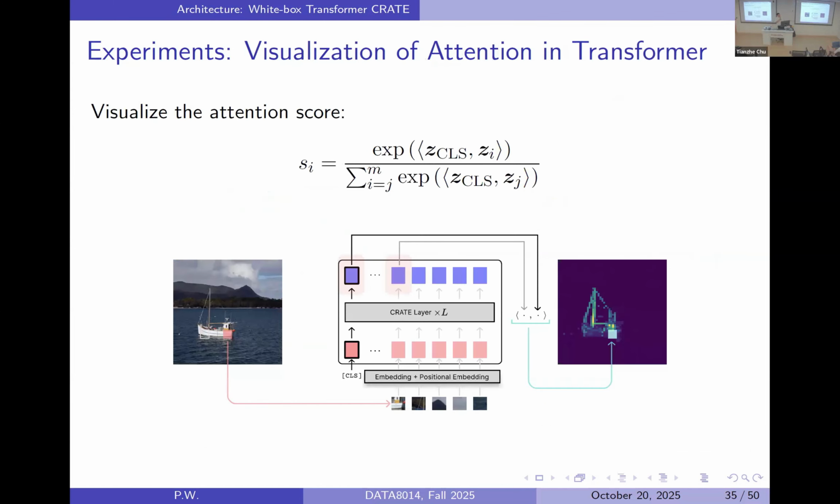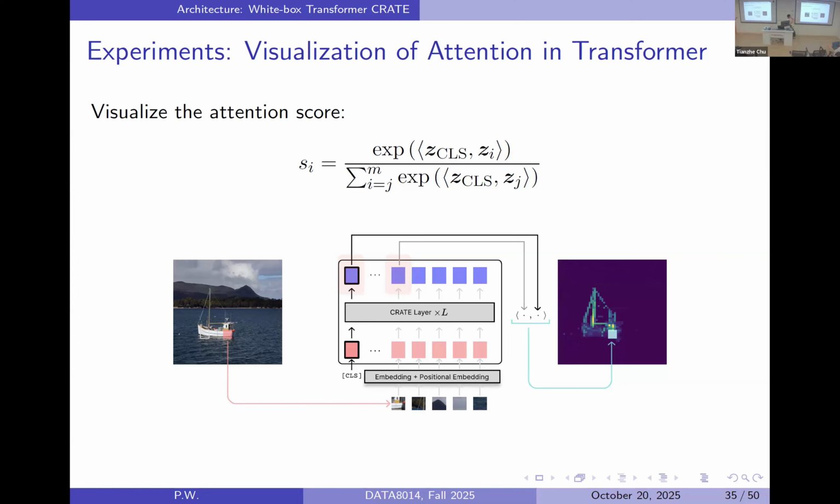And now we further do some other experiments, that is to do some visualization of attention in the CRATE transformer. That is to visualize the attention score of this classification head, the classification token Z_CLS, with the output at some layers.